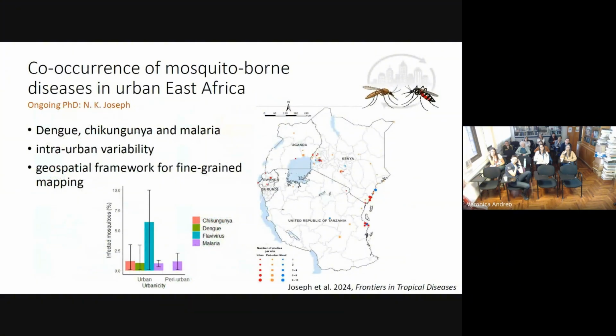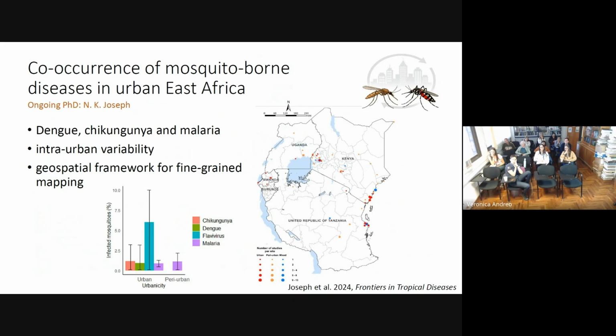Okay, another project is about mosquito-borne disease in urban East Africa. Here, Noel Joseph, so another PhD student, is looking at the co-occurrence of different diseases. There are very rapid urbanization rates in this area, and some people are more and more worried about co-occurrence of the different vector-borne diseases in these rapidly changing urban environments.